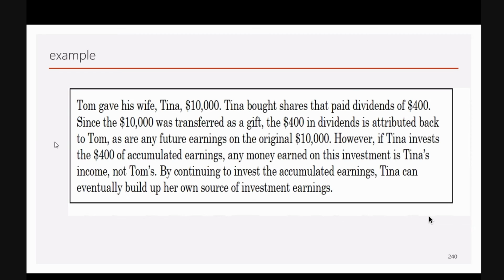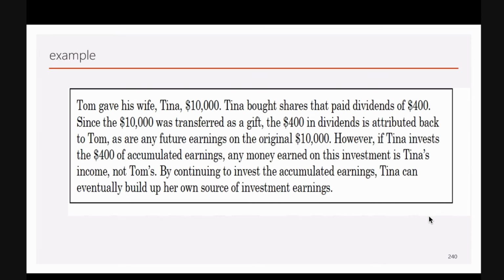For example, if the interest is $50, that $50 does not go back to Tom. It goes back to Tina. Tina reports that $50 because it is produced by the 400.